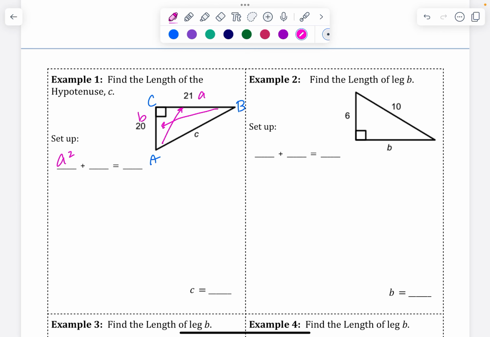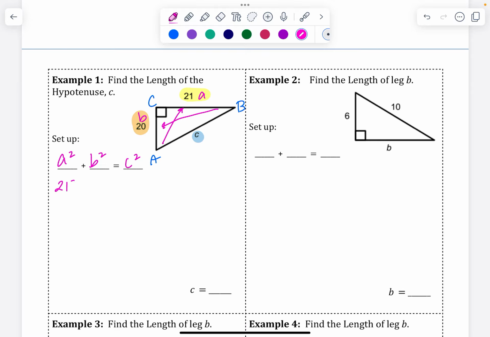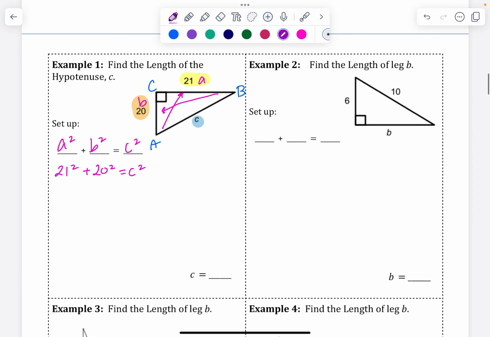I'm going to use my equation, A squared plus B squared is equal to C squared. And then I just plug it in, right? A is equal to 21, B is equal to 20. We are trying to find C. Okay, so I'm going to take A squared, which is 21 squared, plus B squared, which is 20 squared, and I'm going to equal it to C squared.